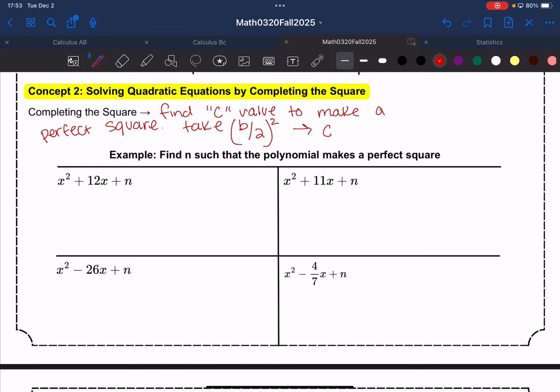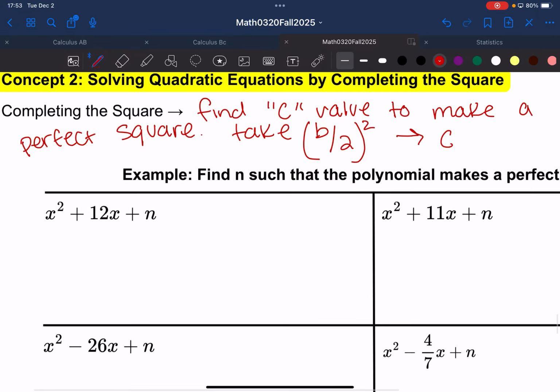We kind of just broke it down here. So in this very first example, we have x squared plus 12x plus n, and we have to find n such that the polynomial makes a perfect square.